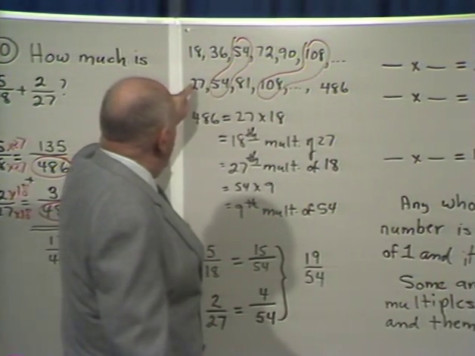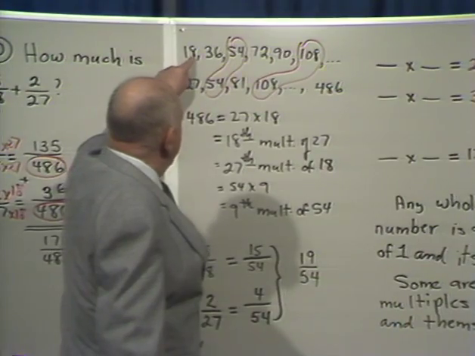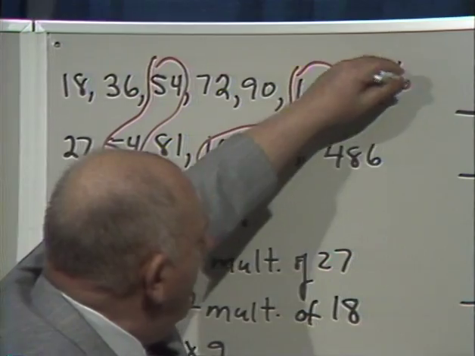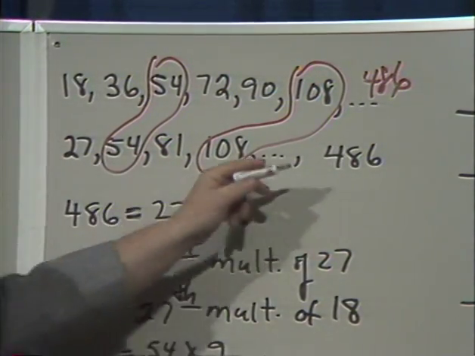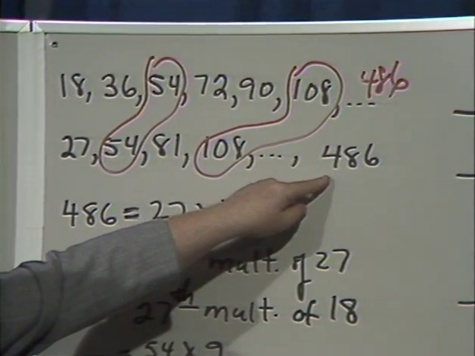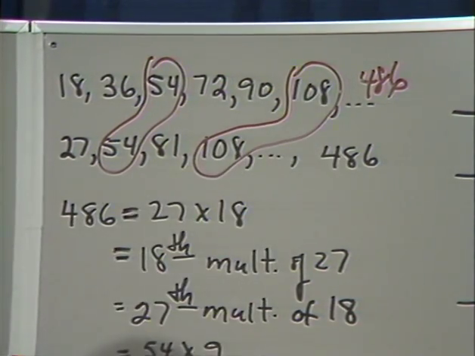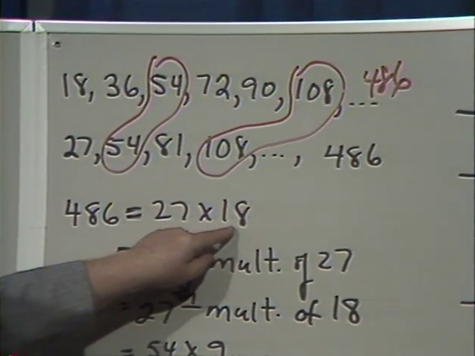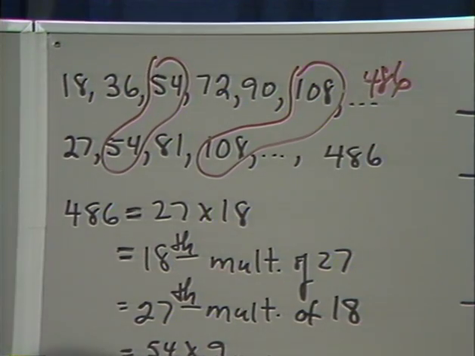You see, what's going to happen over here is when I count by 18s, 486 will come up on my list. And when I count by 27s, 486 will come up on my list. But 486 won't come up until the 18th number over here and the 27th number over here. But you see, 486 is the 27th multiple of 18, or the 18th multiple of 27.